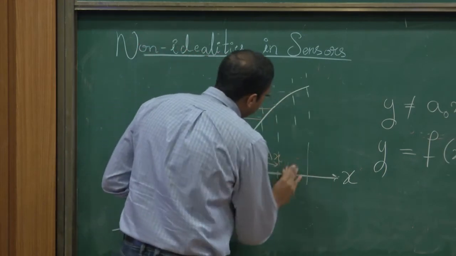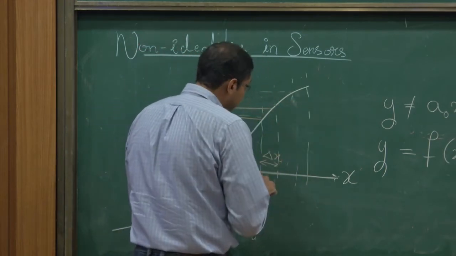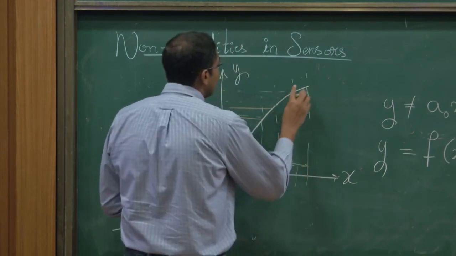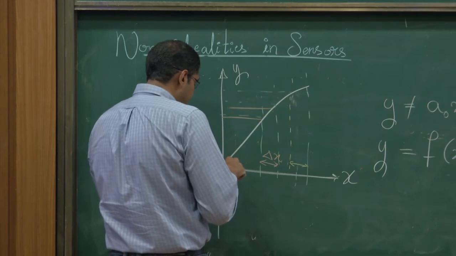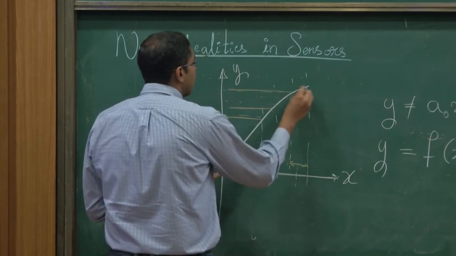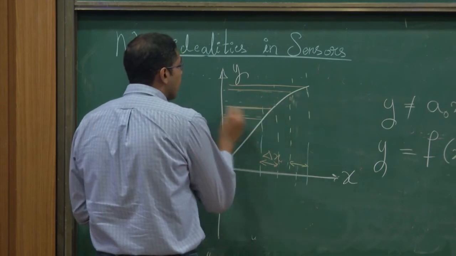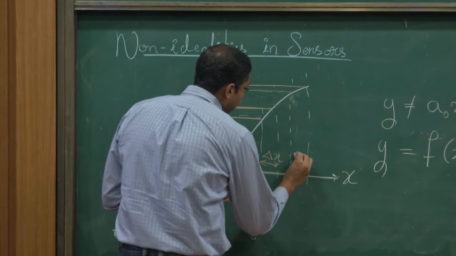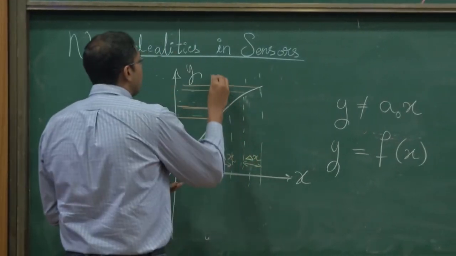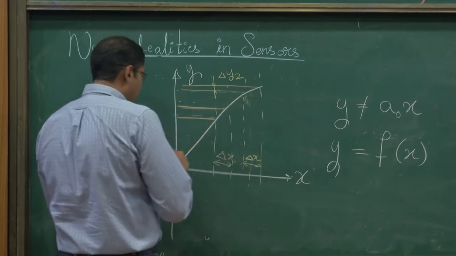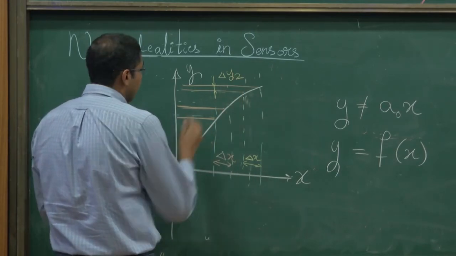So if I change by the same amount here, let's say by the same amount here, you will see between these two some smaller change compared to here. Okay, so the delta x is the same, but here you have delta y2 and this is delta y1.